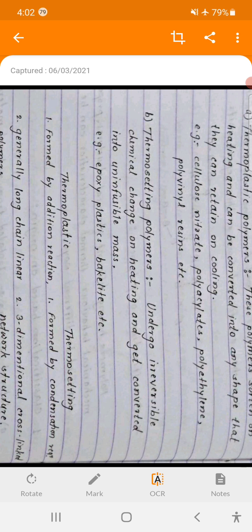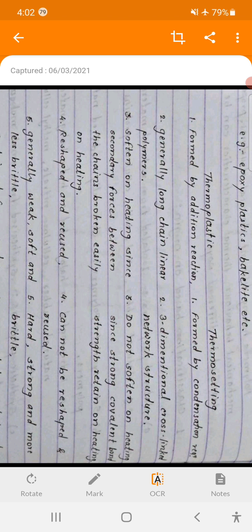That is a thermosetting polymer. Now the difference between thermoplastic and thermosetting, there are some points to differentiate the two types. Thermoplastics are formed by addition reaction, and thermosetting are formed by condensation reaction. This is the main difference, remember.